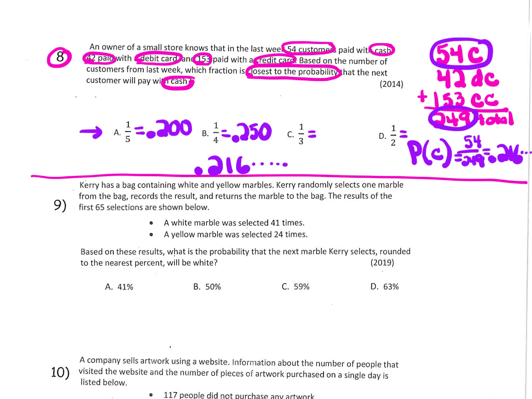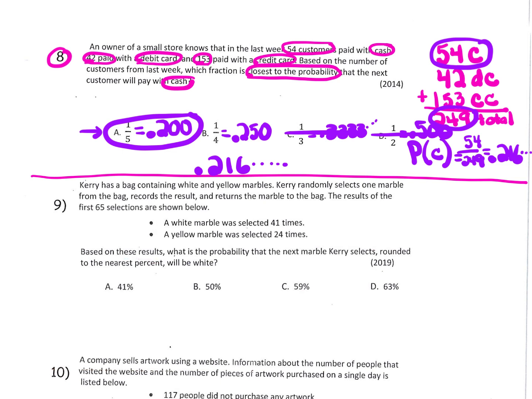So right now it still seems to be letter A that it's closest to. The next one, 1 divided by 3, gives you 0.3 repeating. And this last one, 0.5, and you can add some zeros. They're out. Clearly, letter A is closest to what we're given.